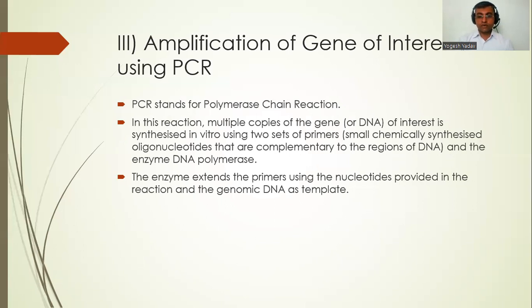And as we know that if we have extracted a few number of desired genes, we can amplify the number of our interested gene. For that purpose, we use a PCR reaction, or polymerase chain reaction, in which multiple copies of our desired DNA are produced.